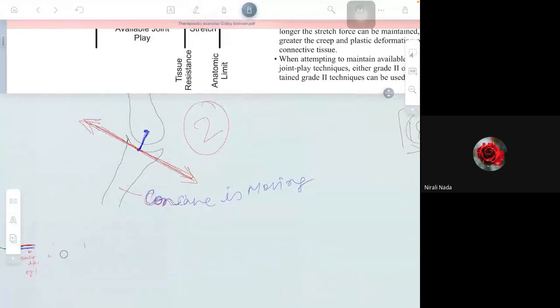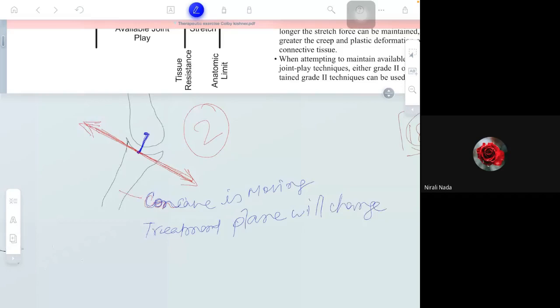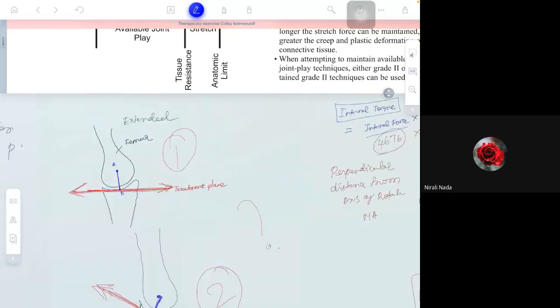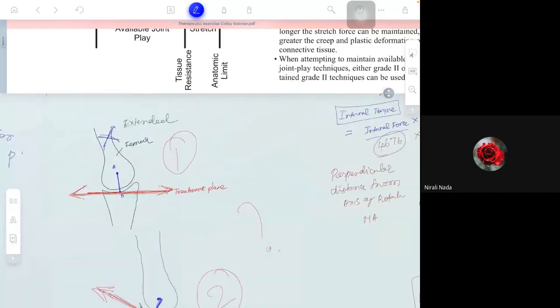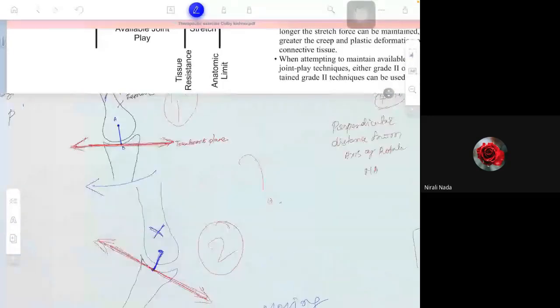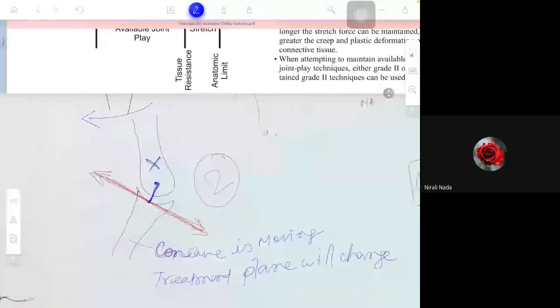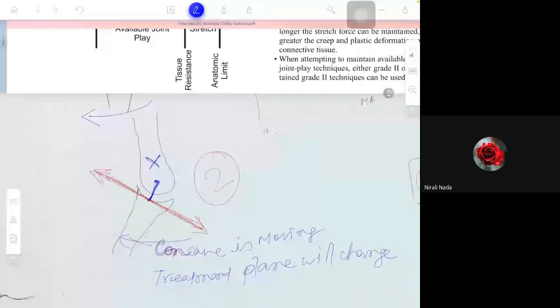The treatment plane will change. Clear? So here, which bone is fixed? Convex bone is fixed. In both conditions, the convex bone is fixed. The concave bone is moving.